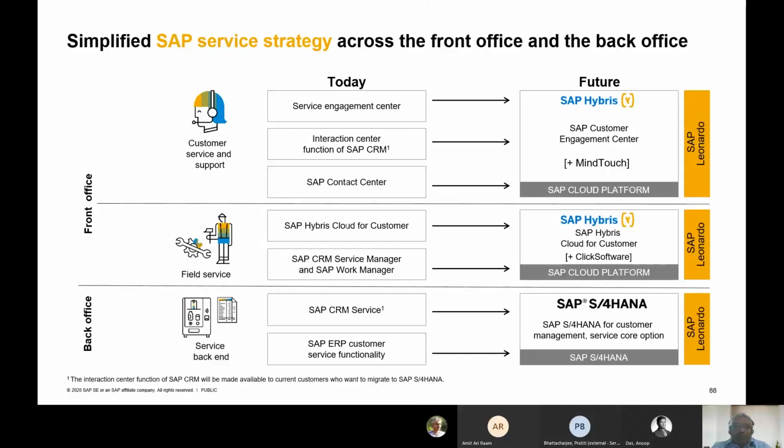And that's where the functionalities have been enabled on S/4HANA, which were part of customer service, but now are part of one system where we can interact within the same system for everything. The customer can have a front office and back office integration as a core integration between these processes. Yeah. So moving on to the next slide.